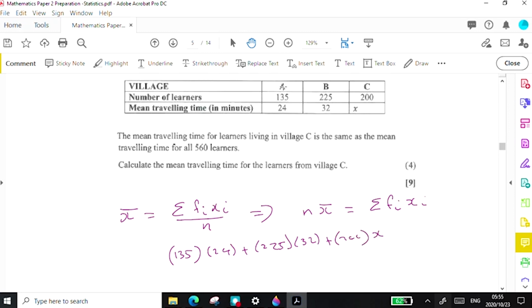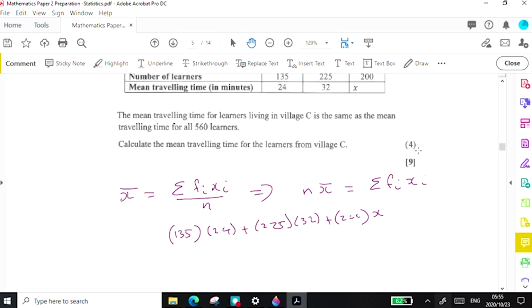In this case, it is X. And what we want to do is divide this by the total number of learners. The total number of learners is given. It is equal to 560. And this will give us the total mean, the mean for all learners.